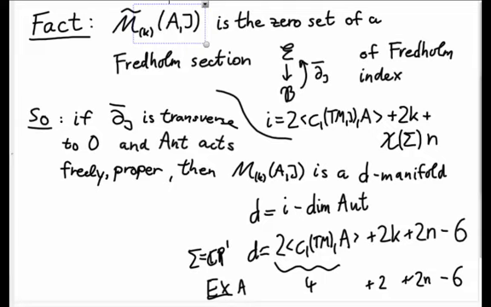Which is good, because when I map my moduli space with the evaluation map to my manifold, I'm expecting a 2n-dimensional image. That gives me a good chance to actually hit the point. So I should get exactly 2n here. That is the one test case to make sure that all my factors were right.